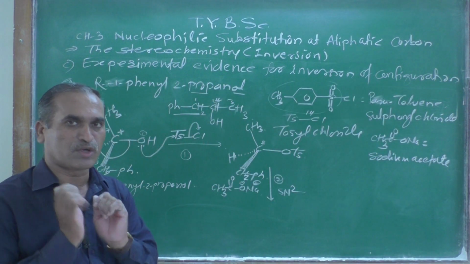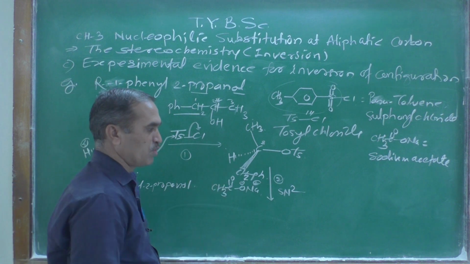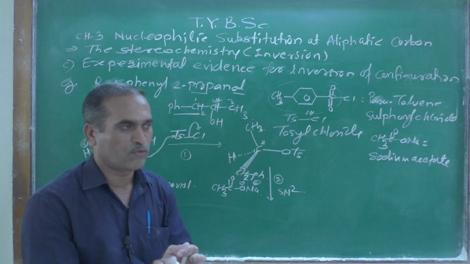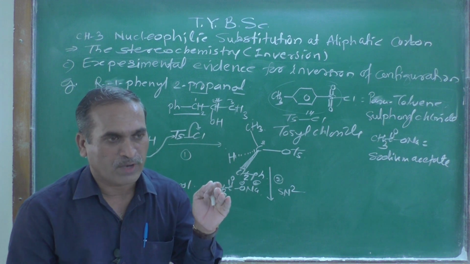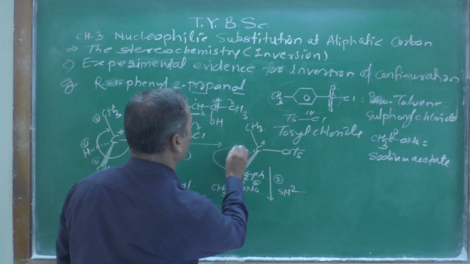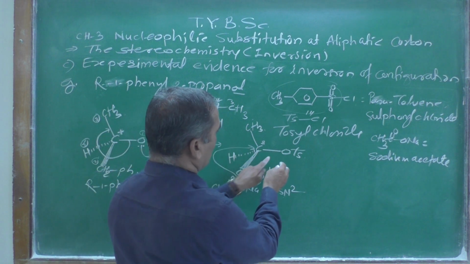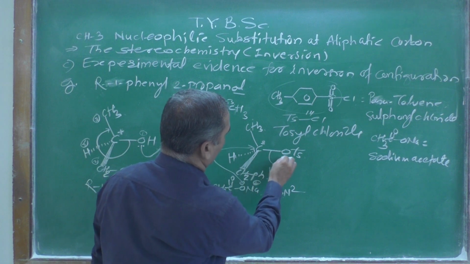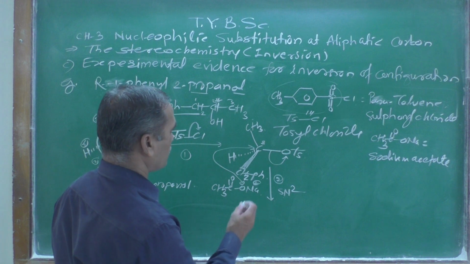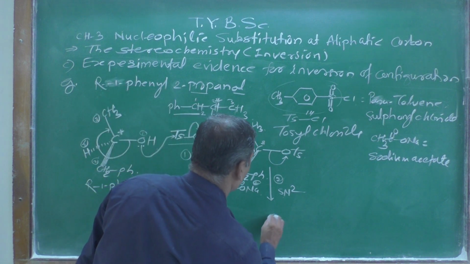It is a very weak nucleophile, and as we know in this SN2 reaction, the nucleophile approaches from the backside. So this nucleophile attacks from the backside, the tosyl group is a good leaving group, and it departs, and you are going to get the product, this one.